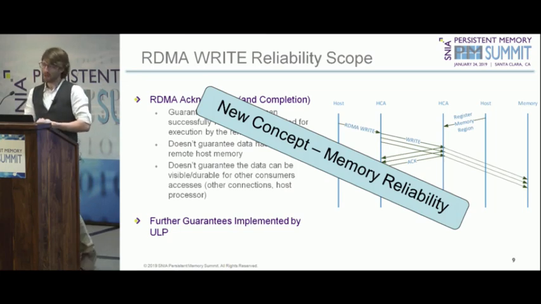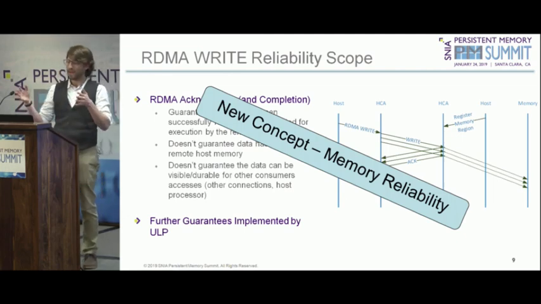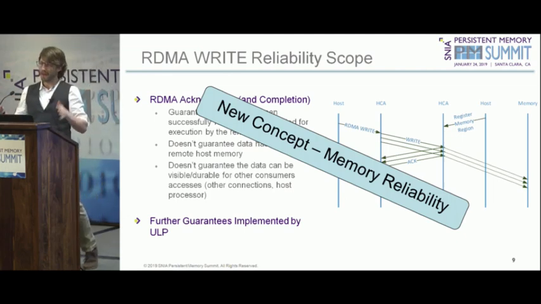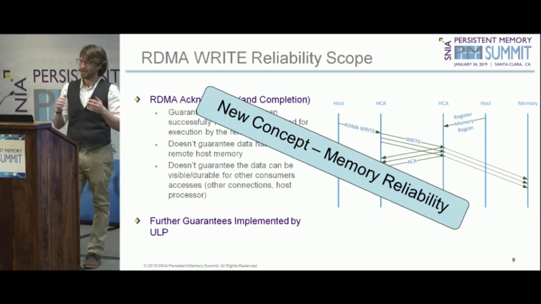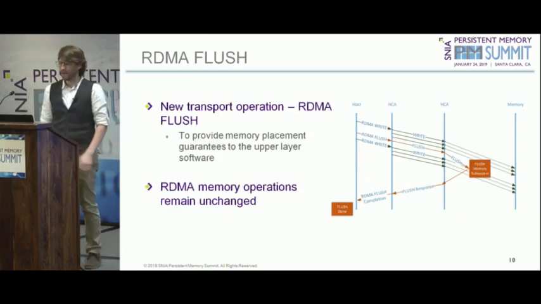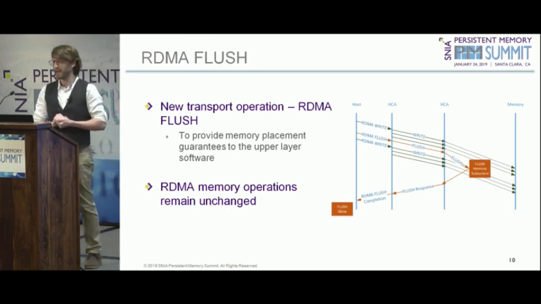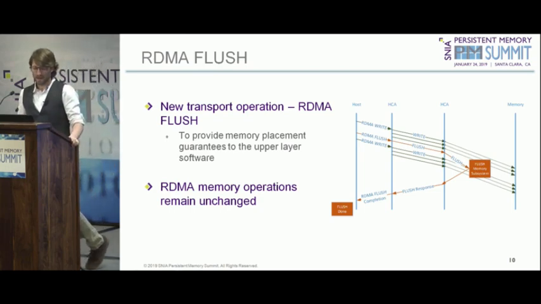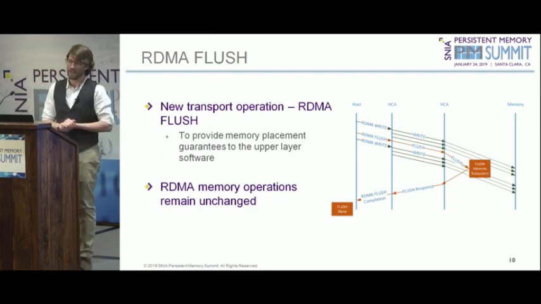What you've seen is that our transport was mostly around enabling network reliability, and now we are looking at memory reliability. So one new operation that we are proposing to add to InfiniBand is called RDMA flush.